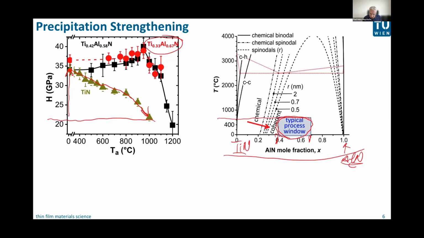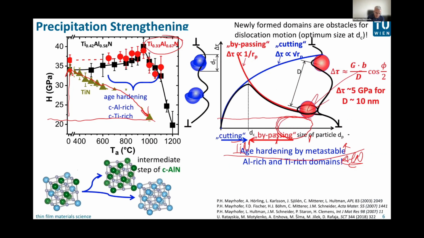So that region is deep in the spinodal region of this titanium nitride, aluminum nitride, meaning if you prepare such a supersaturated material, and then it is exposed to higher temperatures, or you do a thermal treatment, then it spinodally decomposes to form aluminum-rich regions as well as titanium-rich regions, both cubic, and as long as these are cubic, then we have actually a hardness increase.